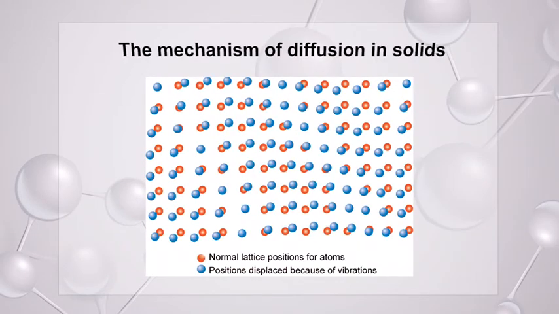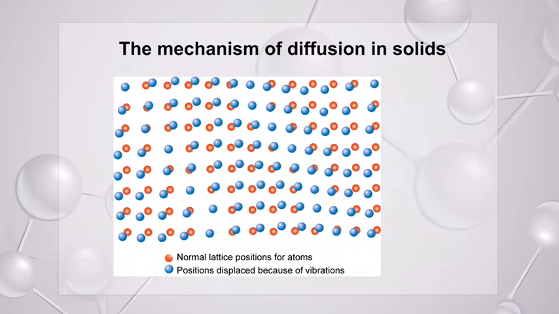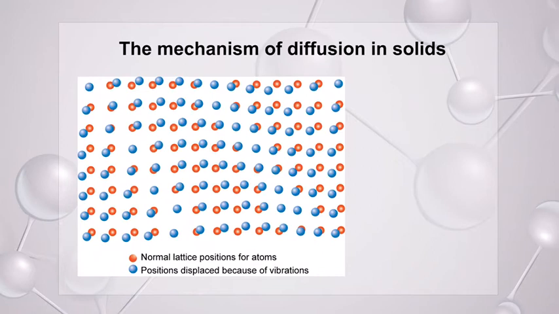Now, we will discuss the mechanism of diffusion in solids from an atomic perspective. Diffusion in solids is the stepwise migration of atoms from one lattice site to another. It is a known fact that every atom in a solid is vibrating very rapidly about its lattice position within the crystal.